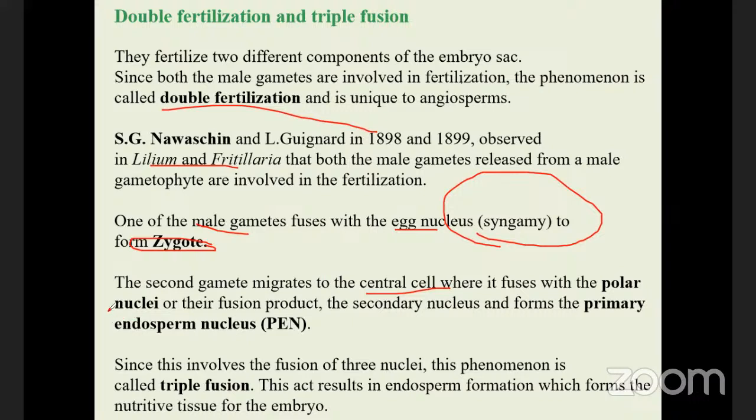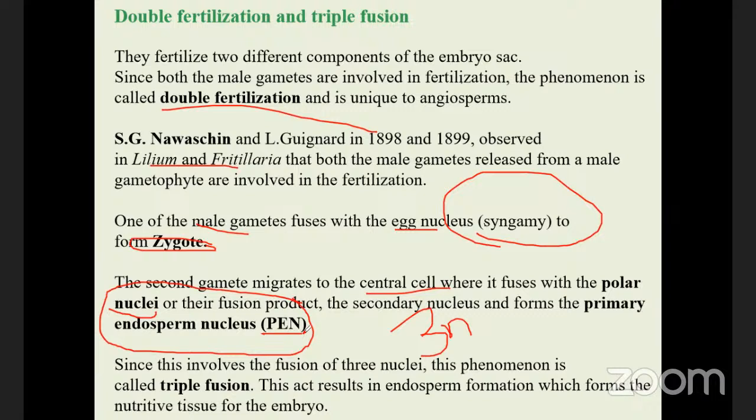The polar nuclei fuse with the second male gamete, so that it forms the 3N structure, a triploid structure, that we call the primary endosperm nucleus, PEN, which forms the endosperm.